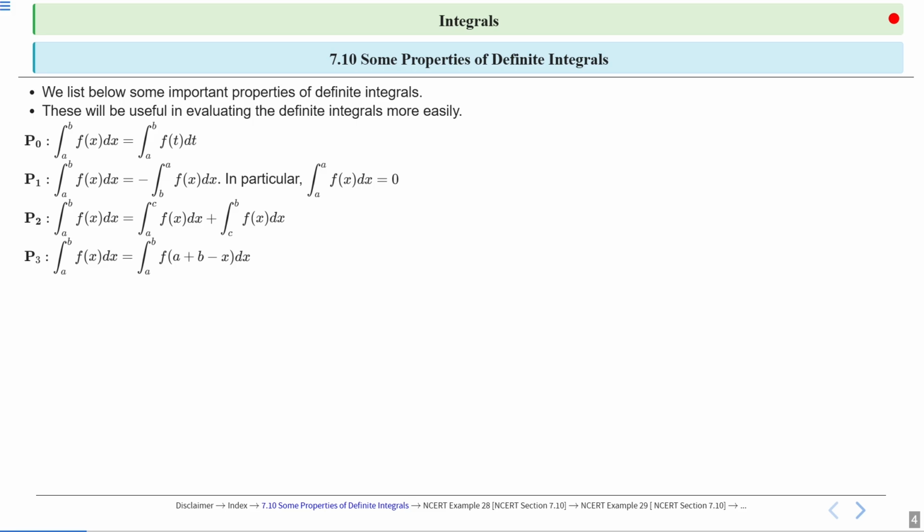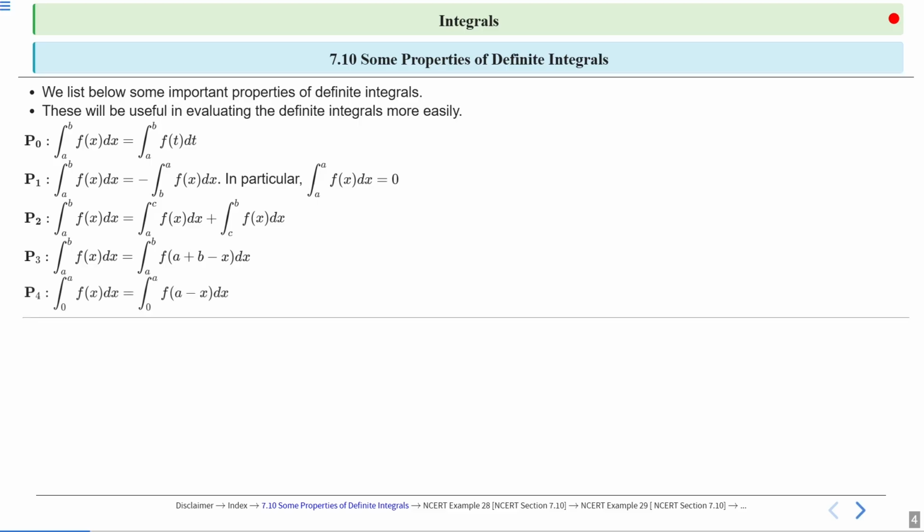It is generally used with sine function, cosine function. This property says that the value of the definite integral from a to b f(x) dx is the same as the value of the definite integral if we substitute a + b - x in the function. Okay.